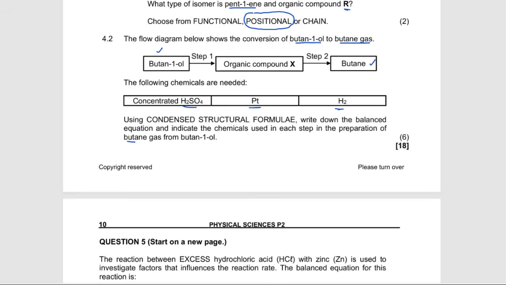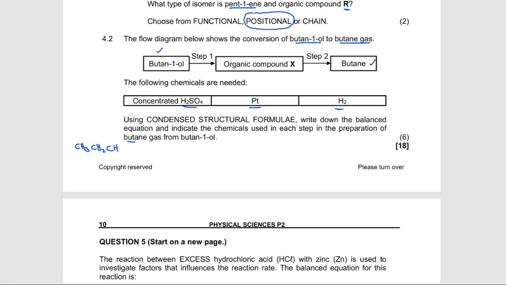So we're starting from there to the end here. What are we supposed to do? We're supposed to use the condensed structural formula, right? So I'm going to say butan-1-ol is going to be CH3, CH2, CH2, CH2, OH.